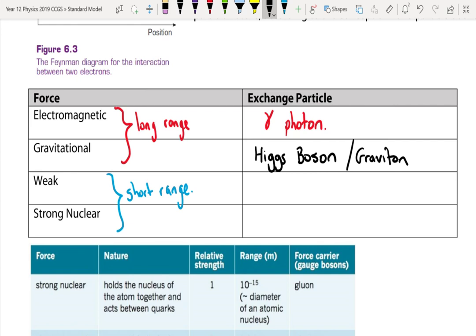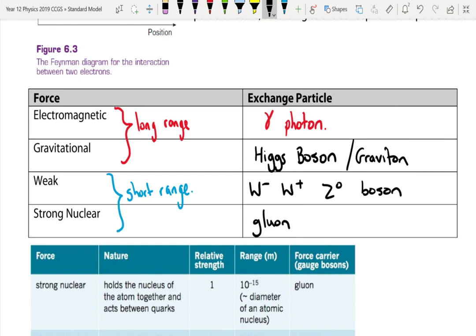It's quite difficult to detect. In the nuclear, we have the strong nuclear, which is the gluon. And the weak is going to be either your W minus or your W positive boson, or your Z naught boson. Okay? So you've got these ons.